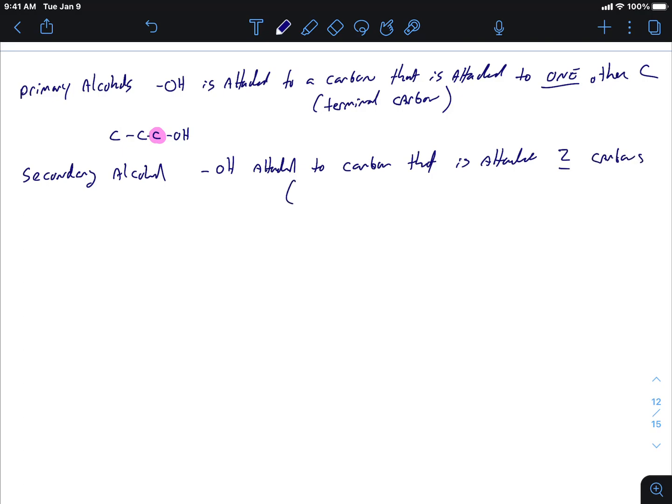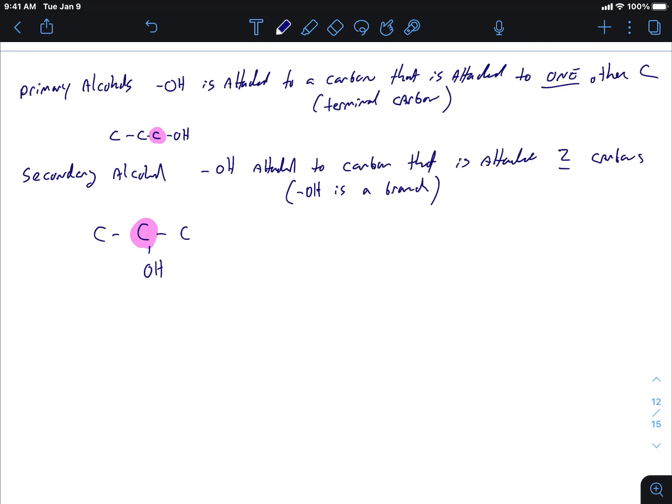Or in other words, the OH is a branch. So something like this. The hydroxyl is attached to that middle carbon there, and that middle carbon is attached to two other carbons. That makes this a secondary alcohol.